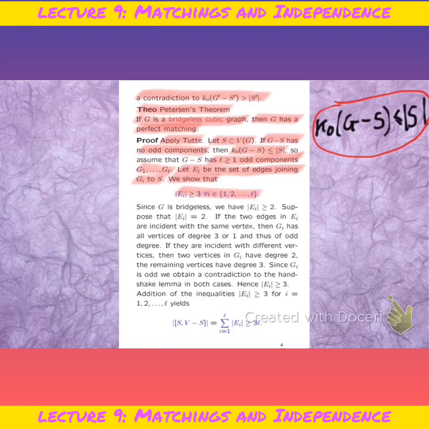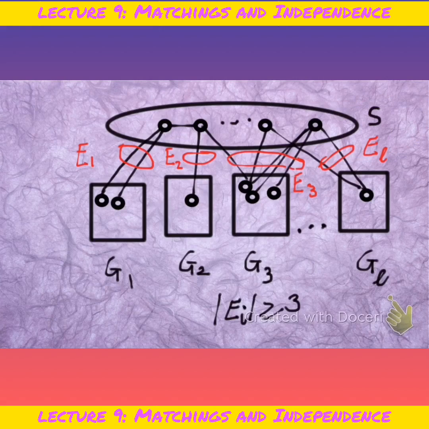Right, now we know that G is bridgeless. Okay, so we have that the number of edges between the ith odd component and S is at least 2. Going back to my sketch, you can see E2, if there was only one edge between the vertices of G2 and S, that would be a bridge, right?